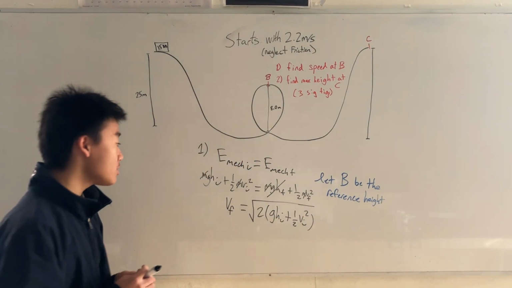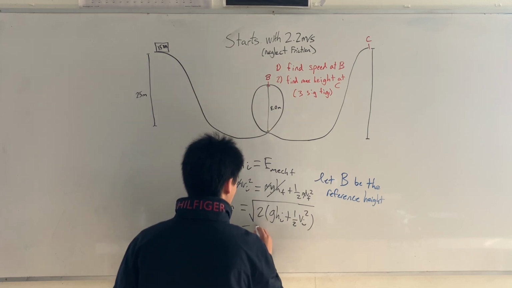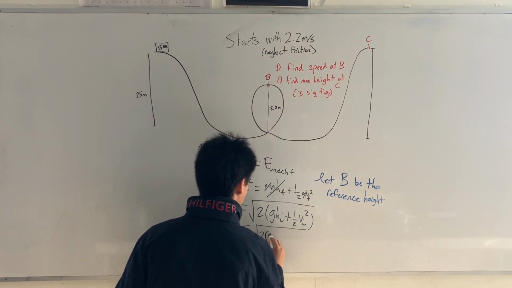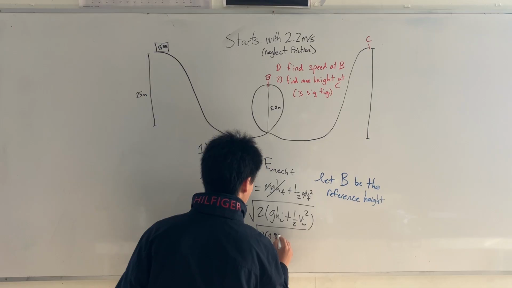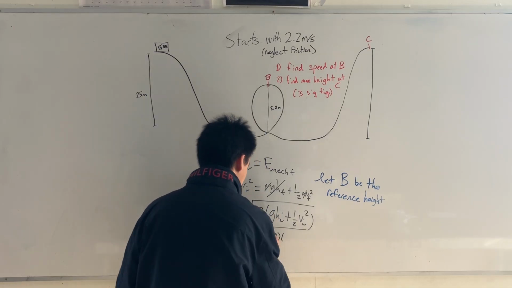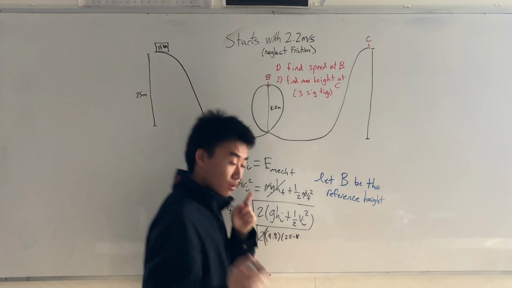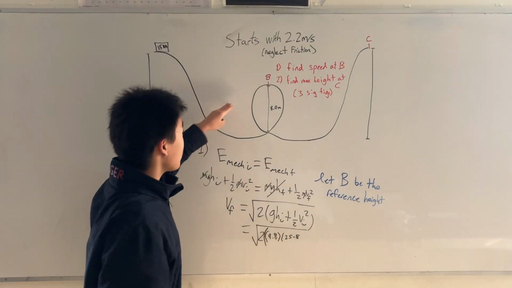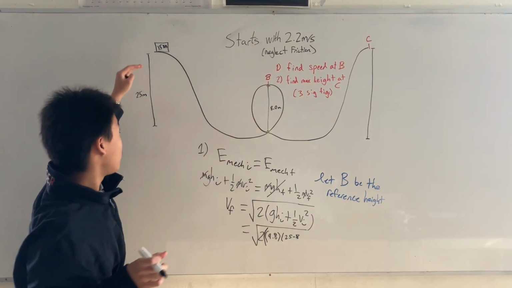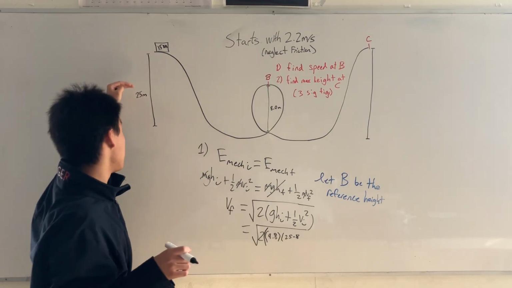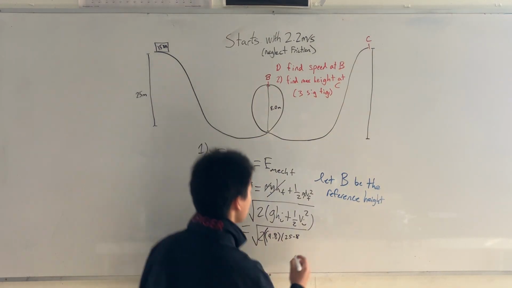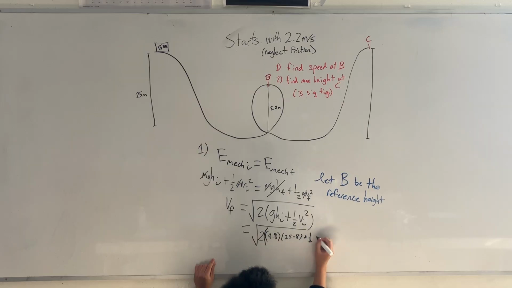Now we're going to plug our values inside, so we have 2 times 9.8 times our initial height, which is 25 minus 8. Wait, be careful right here. This is 25 minus 8 because remember we set B as a reference height, so our starting initial height is not 25 anymore. It's 25 minus 8, plus 1/2 times the initial speed, 2.2 squared. And that's what we have.